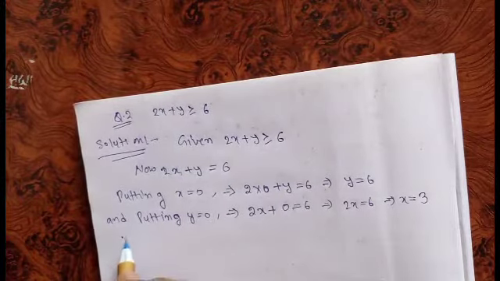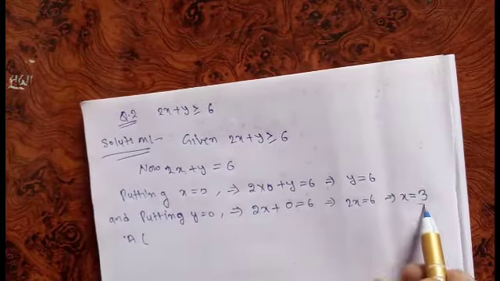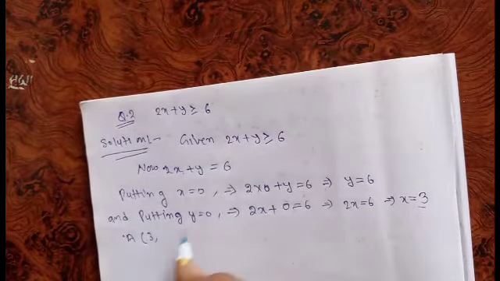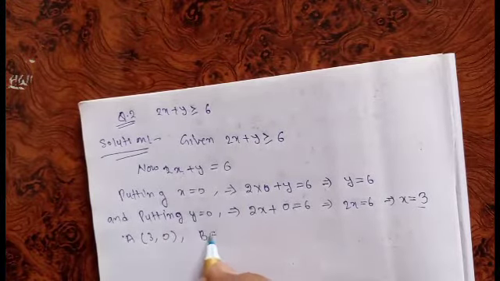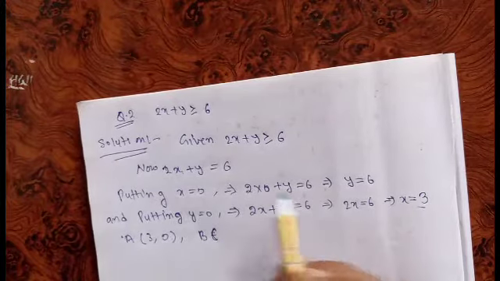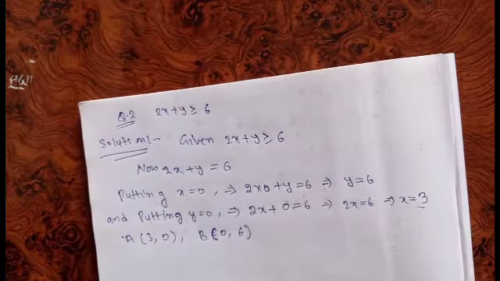We get 2 points: A is equal to 3 and 0, B is equal to point x, then y, 0, 6.